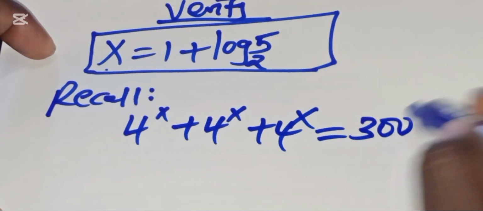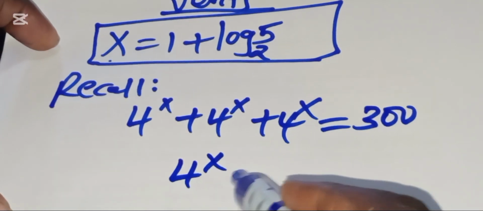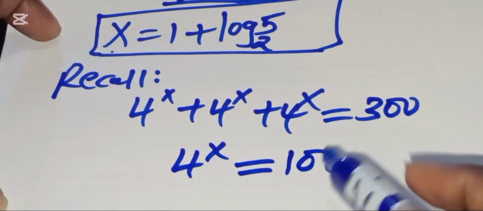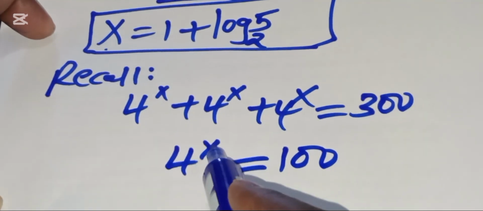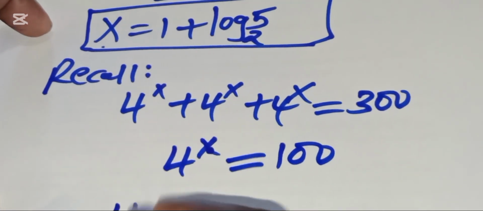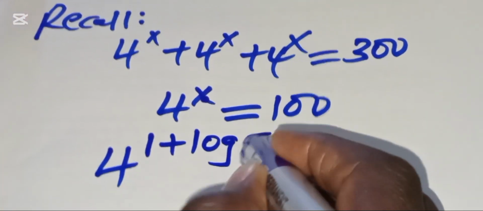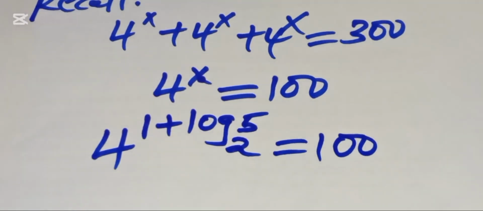We simplify this further to 4 raised to power x, and this is equal to 100. Now let's substitute the value of x. We'll have 4 raised to power 1 plus log 5 to base 2. This is supposed to give us a value of 100.